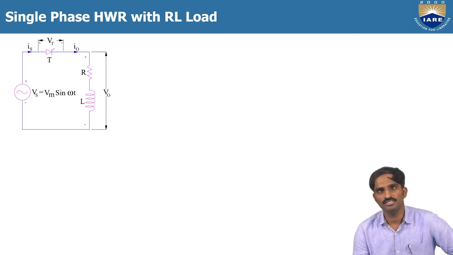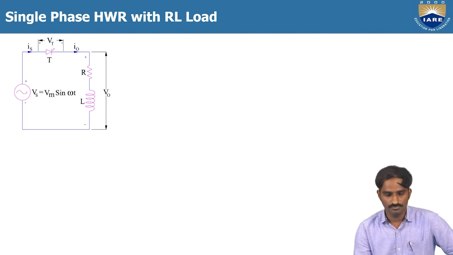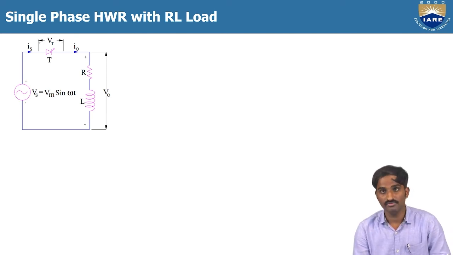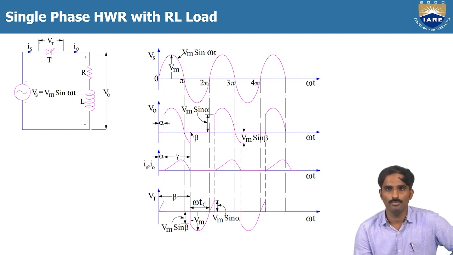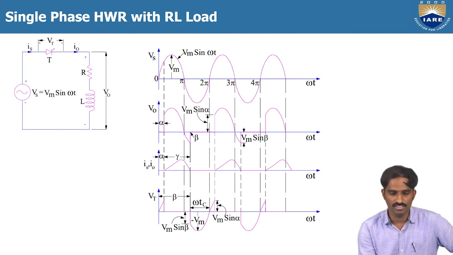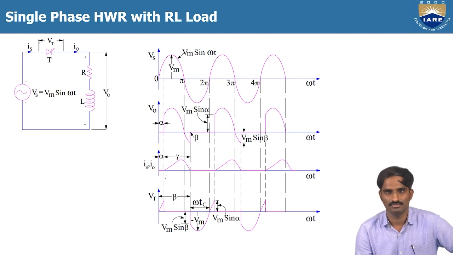Next, the single phase half wave rectifier with RL load. When coming to the output waveform, you have to compare with the single phase half wave rectifier with R load, which means we should find the effect of this inductor.